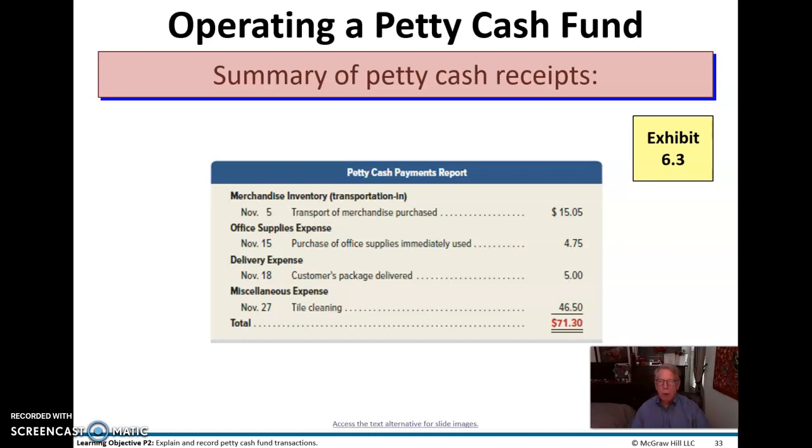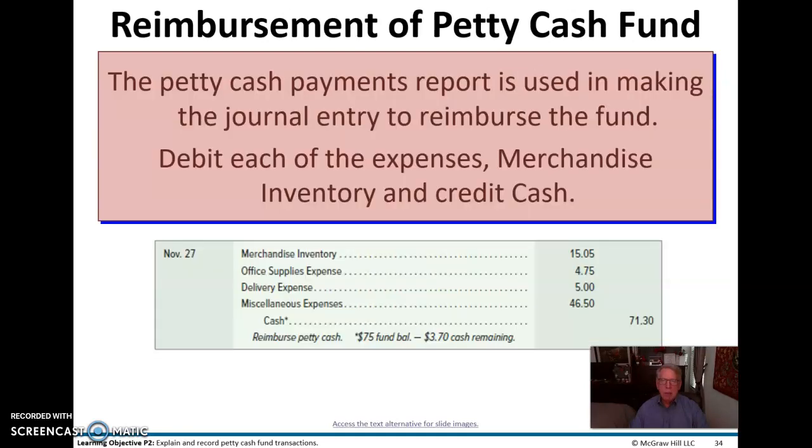And so all of these things then get charged to various expense general ledger accounts, totaling $71.30. And so what we do then is we replenish the petty cash fund like this.